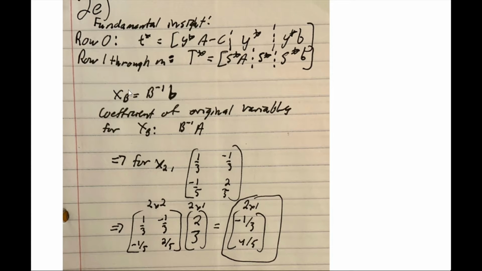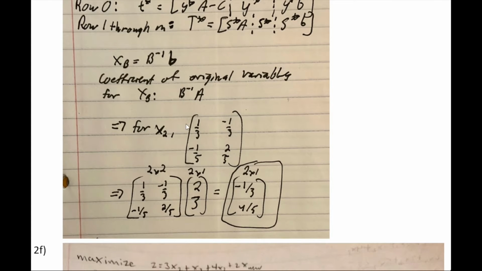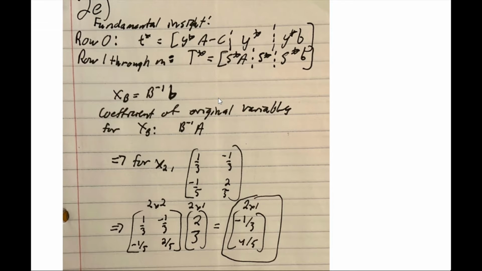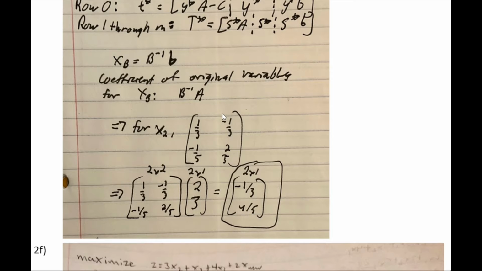And we do that by this. We find that xb is equal to b inverse times b. Actually, sorry, I want to focus on this line. So xb is actually b inverse times matrix A, and that would be the coefficient of the original variables for xb, which are our basic variables. Therefore, for x2, we apply this formula right here, b inverse, which we've derived and is right here, and A. Now, I know you're probably thinking A has a lot of different vectors or a lot of different columns, so why is it just a 2 by 1?